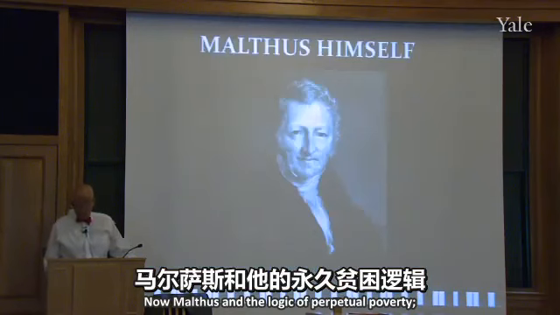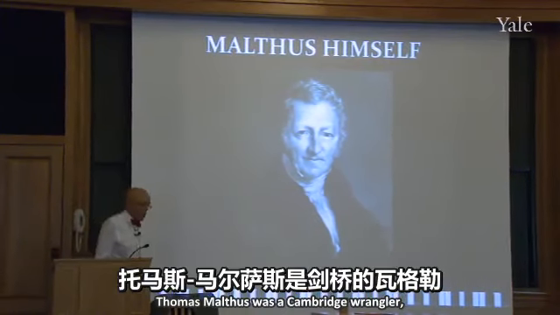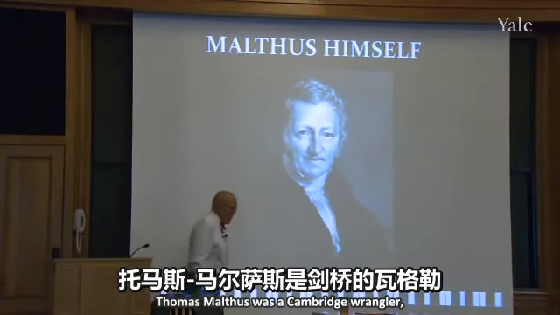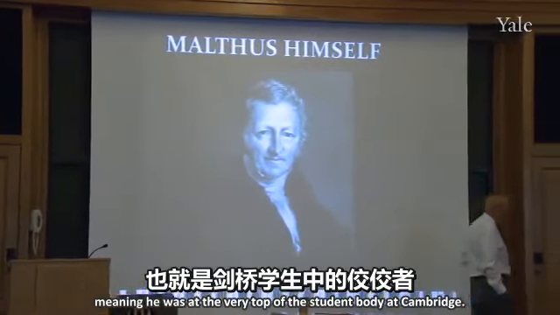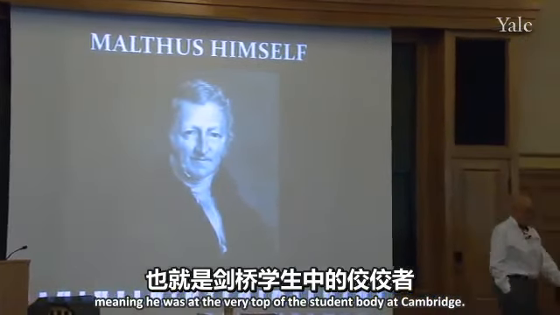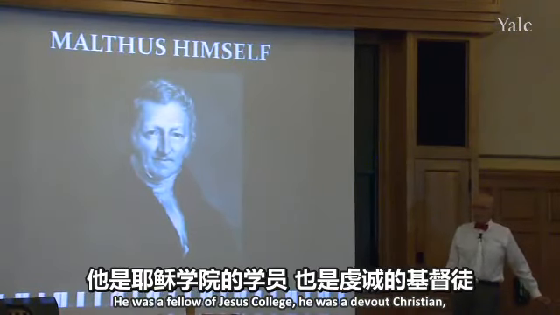Okay, now, Malthus and the logic of perpetual poverty. Thomas Malthus was a Cambridge Wrangler, meaning he was at the very top of the student body at Cambridge. He was a fellow of Jesus College.